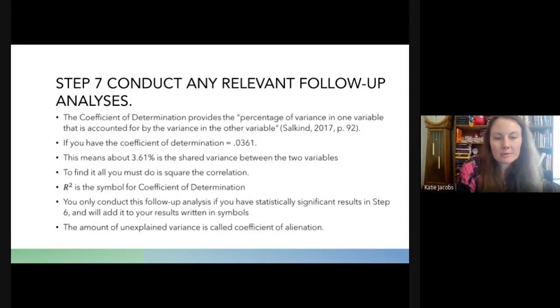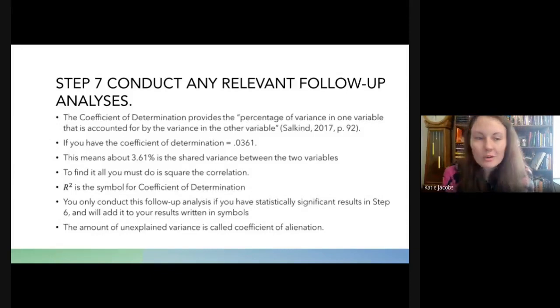Our coefficient of determination is basically where you look at your correlation and square it. That's why we have the symbol capital R squared. If we have a coefficient of determination equal to 0.0361, that's in proportion form, which we're familiar with now. This means about 3.61% of the variance is shared between the two variables.